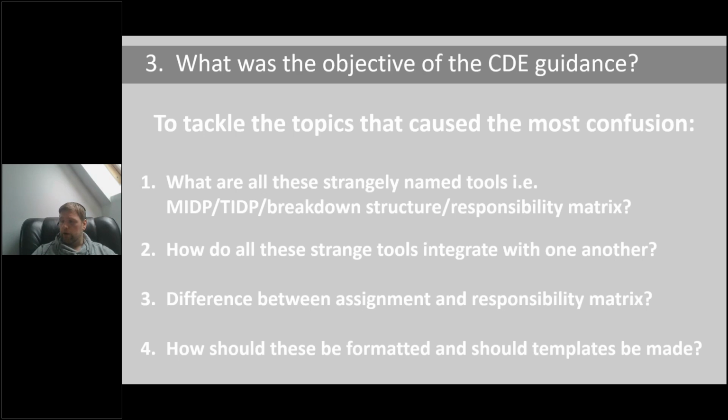And then when we first understood the concept of the MIDP when 1192 was being produced, it was simply enhancing that current tool that we already had. We didn't go off and create something new, but sometimes that does happen, so just keep that in mind. So now you must ask yourself, if there has been a thing like the MIDP in the past before it was given that title, then maybe there are traditional tools already in your organizations for the other things mentioned in the standard, like the responsibility matrix and breakdown structure.